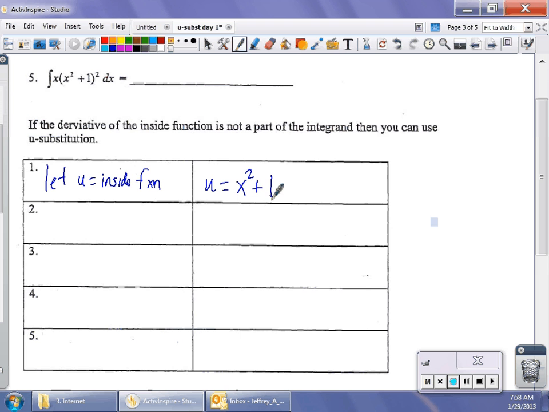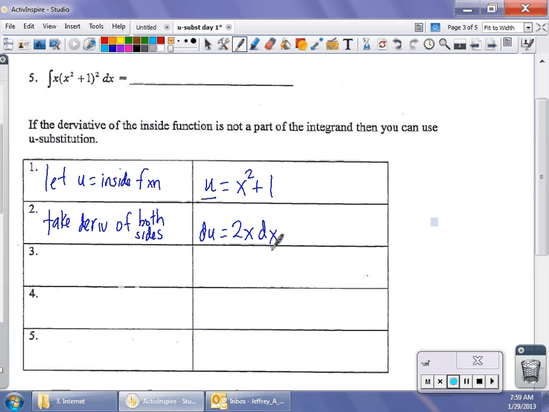The second thing we're going to do, just like in our other steps, is take the derivative of both sides. What I mean by that is we're going to take the derivative of U, so we get du, and we're going to take the derivative of x squared plus 1, which gives us 2x dx, because we're taking the derivative with respect to x.